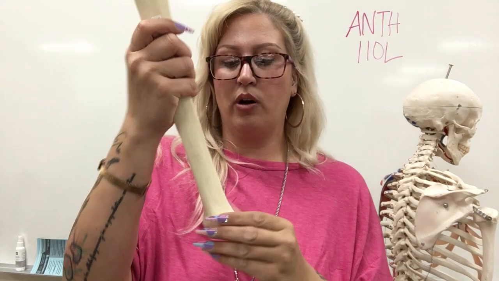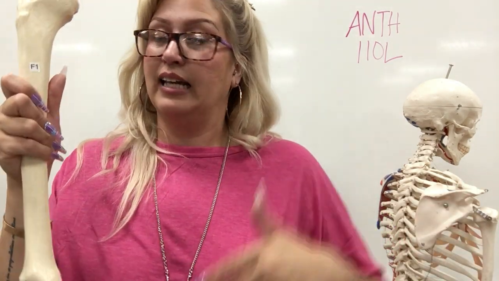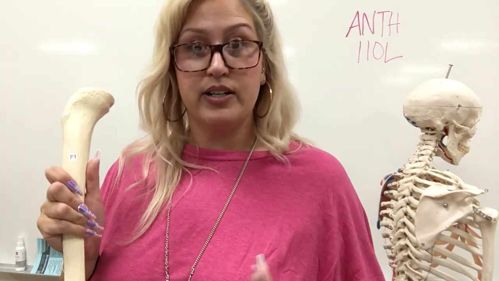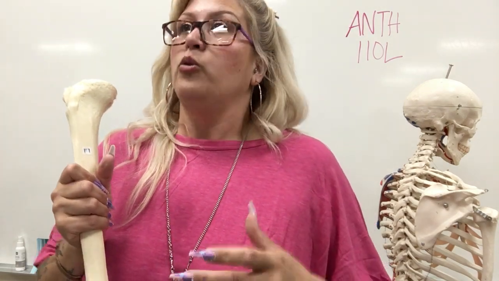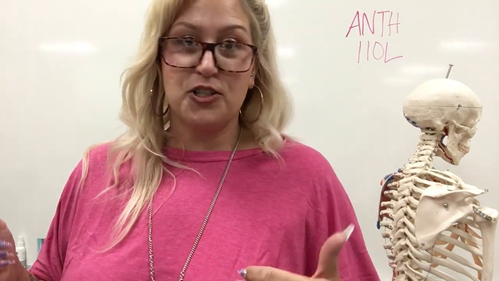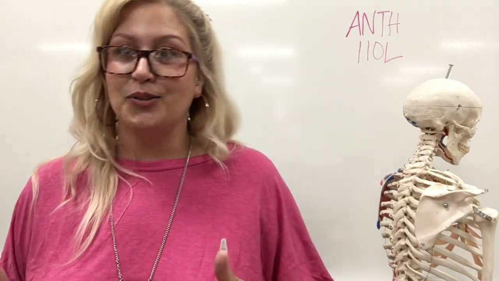So this would be the one that's on the inside. This is on the medial part, hence the name medial malleolus. Like I said, a lot of times, not every time, the name of the bone will give you a clue as to where it is, what it's doing, maybe what it's connected to.